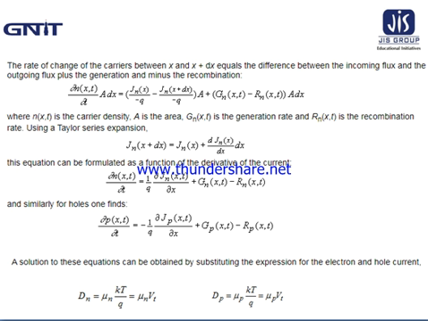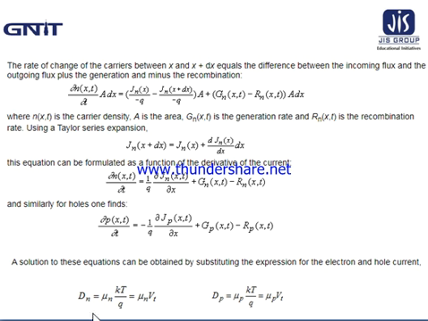And similarly for holes, we can write the equation: del p(x,t) by del t equal to minus 1 by q del Jp(x,t) by del x, which is equal to the generation rate for holes minus the recombination rate for holes.